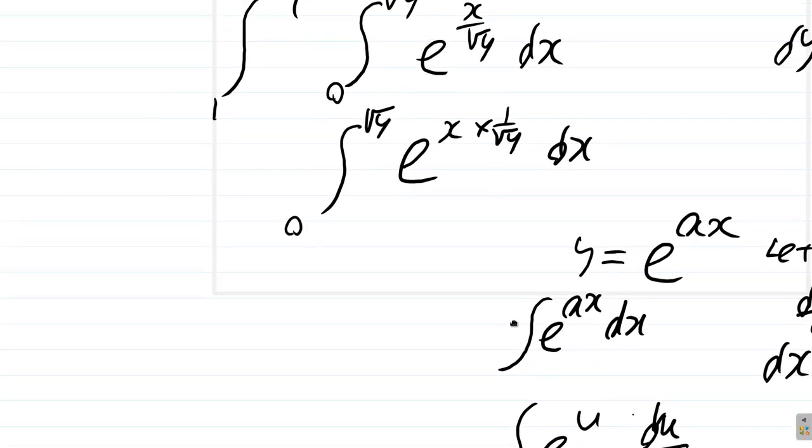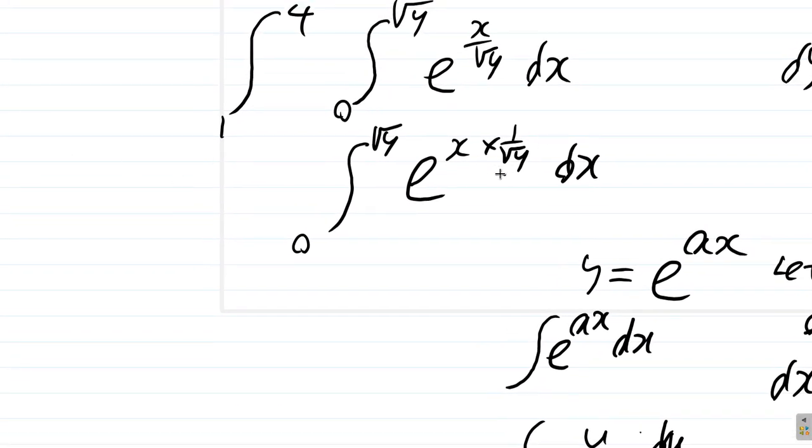So, here now, you see the 1 over square root of y? That's like the a. So what you're going to get when you perform this integral, let me just cover this, it's rough work. It's reminding you of something. What are you going to get when you do this integral?